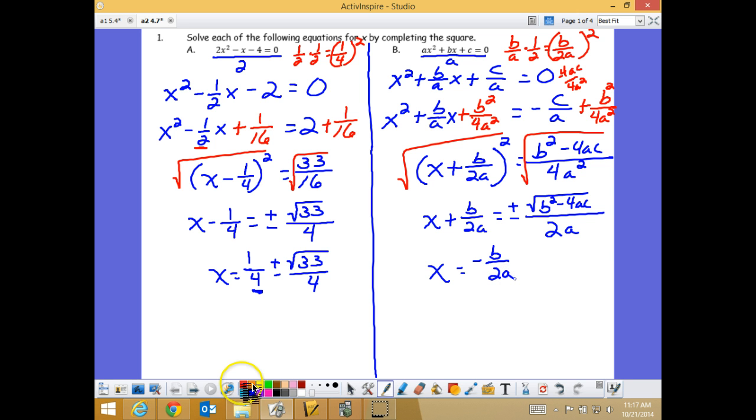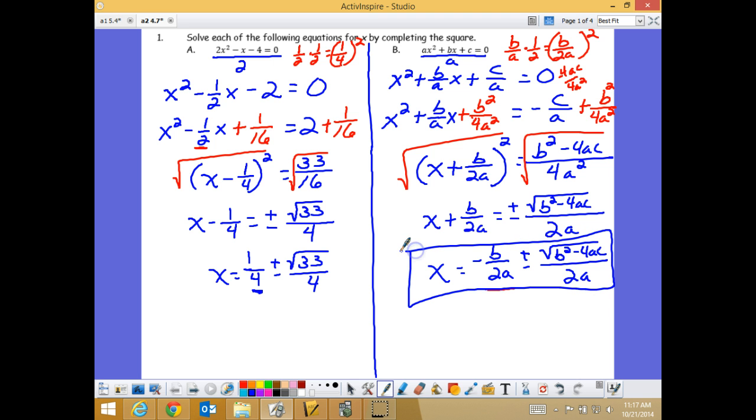And this piece right here of this quadratic formula is the axis of symmetry. Hopefully that opposite of b over 2a looks familiar to you. Plus or minus the square root of b squared minus 4ac all over 2a. And here is your quadratic formula.